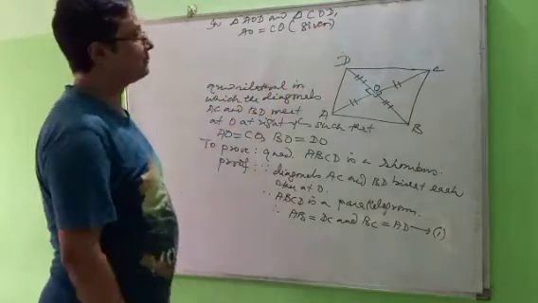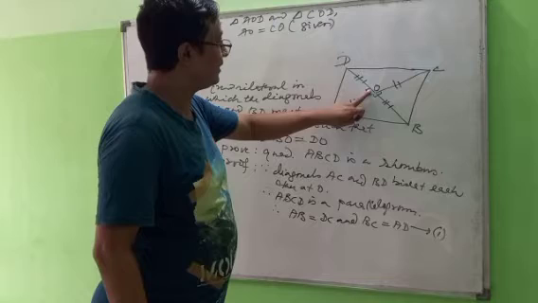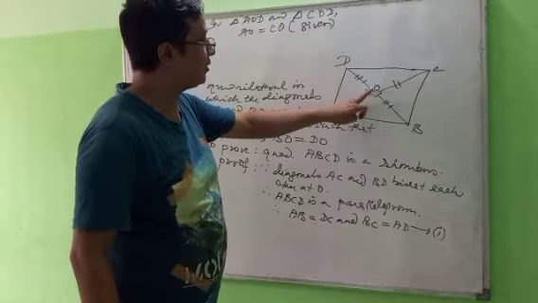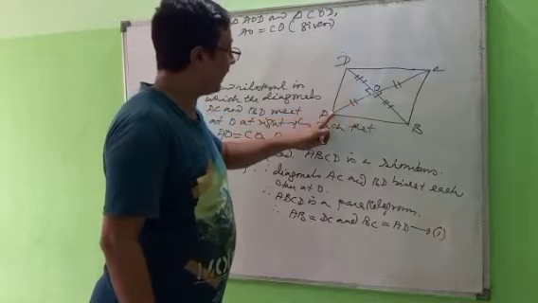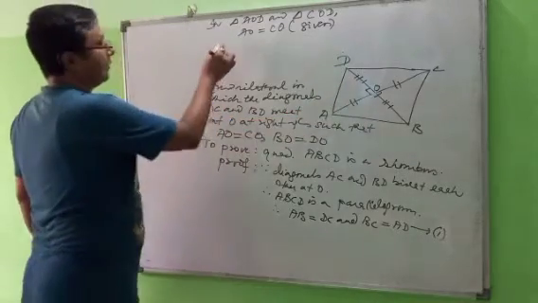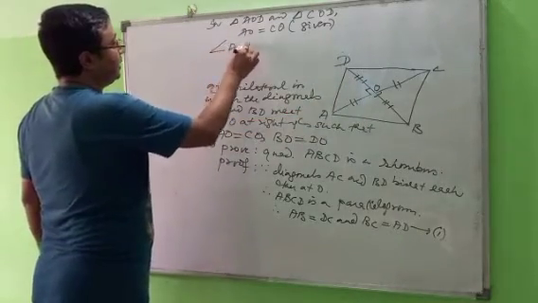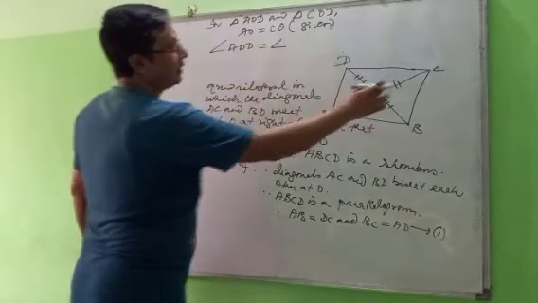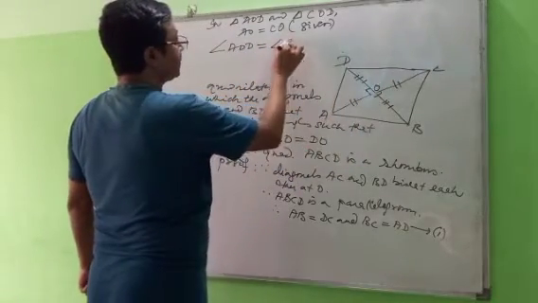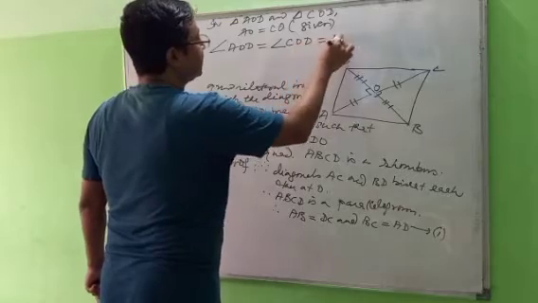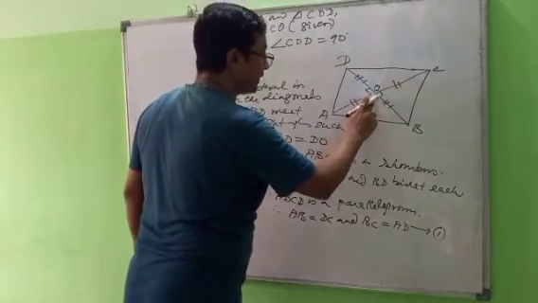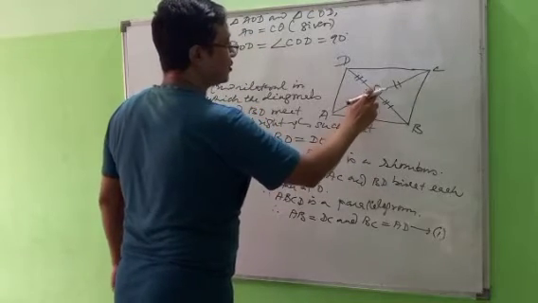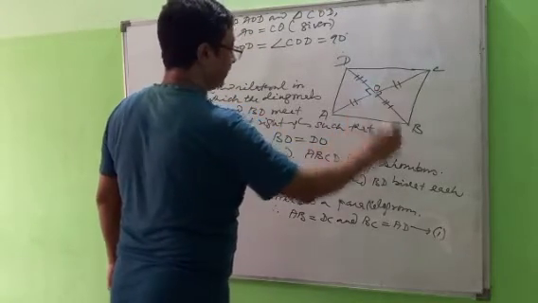Then the diagonals bisect at right angles. So here at the point O you will get each of the angles 90 degrees. So angle AOD equals angle COD equals 90 degrees, because the diagonals bisect at right angles. That is why here each of the angles will be 90 degrees.